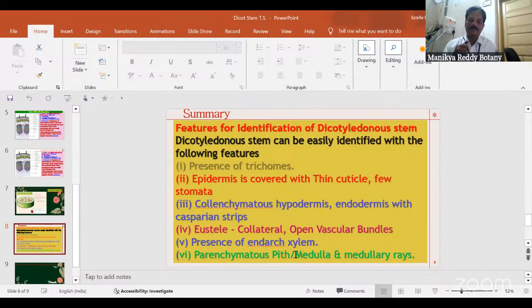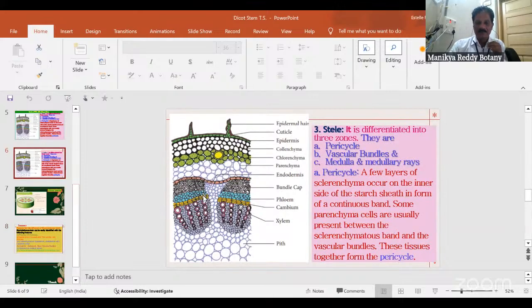In some plants like water plants, medulla is disintegrated, forming a cavity, medullary cavity or pith cavity. The tissue extended between vascular bundles, from pith to endodermis, is called primary medullary ray. So this is about dicot stem.